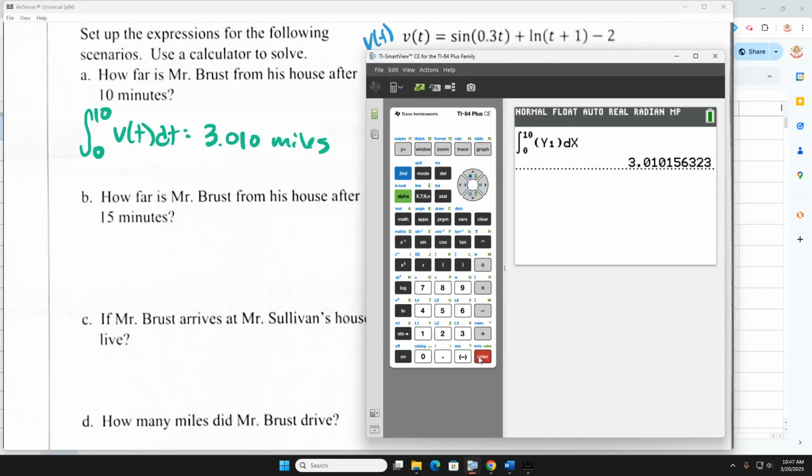All right, and then 15 minutes, same exact thing, except, obviously, not exact. We're going to change the 10 to a 15.